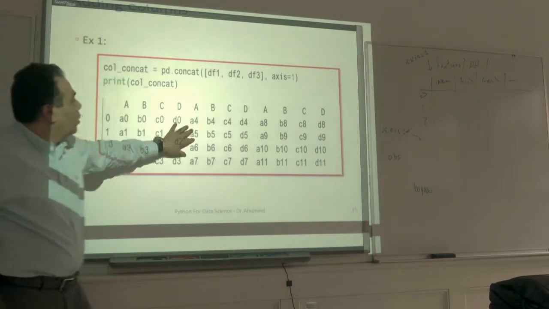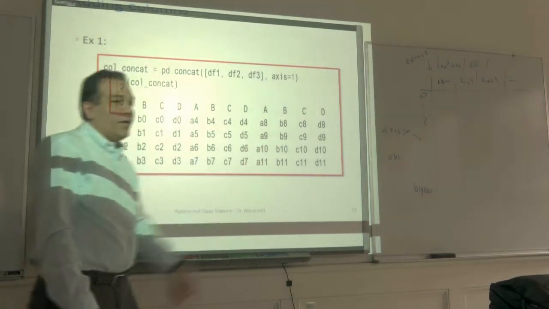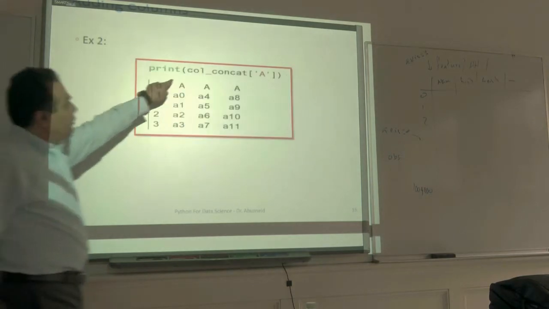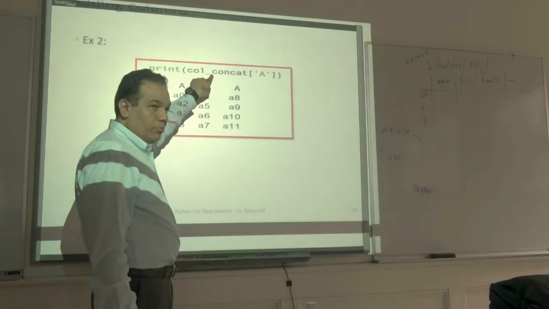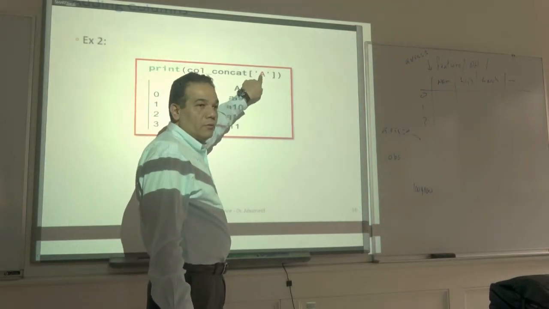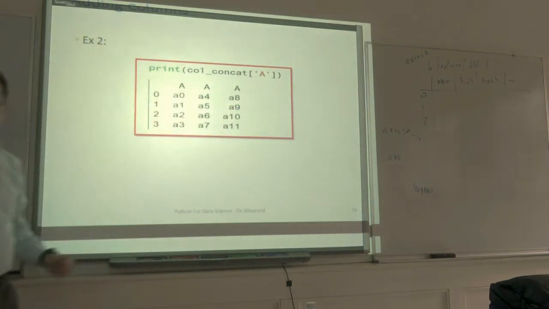I don't want to print it all. I need to print only the columns that have A. How many columns have it? 3 columns. So print the column concat data frame with columns titled A. It printed the 3 for you.